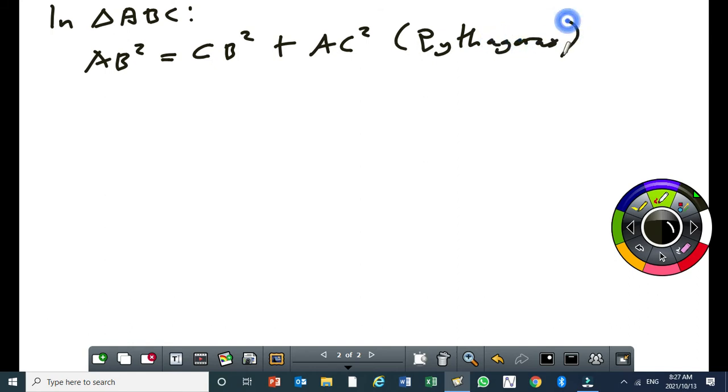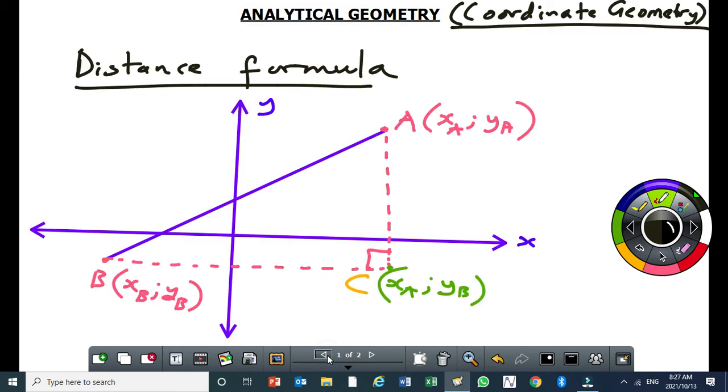Right? Now, I'm going to replace now. You see, in this case, I want to calculate the length of AB. So AB will remain as is. CB now. Remember, when I taught you the formula for horizontal distance, whereby I said the horizontal distance is given by x maximum minus what? Minus x minimum.